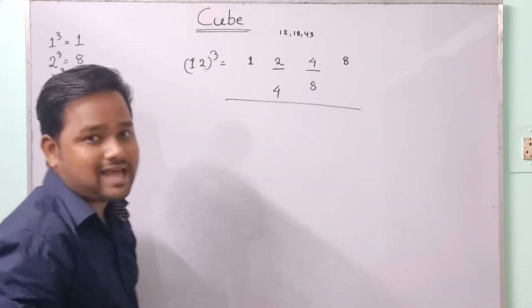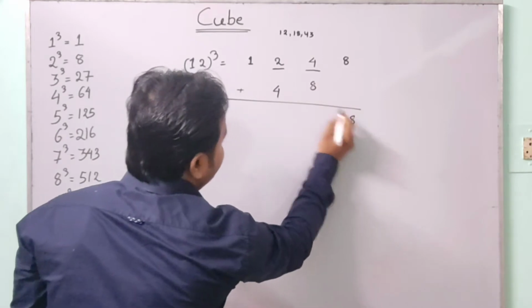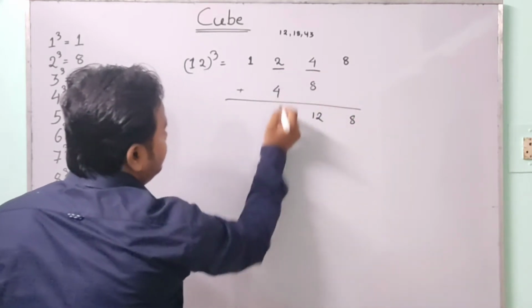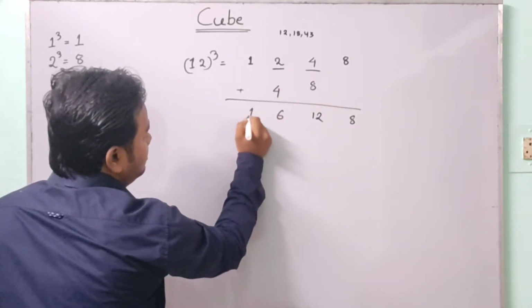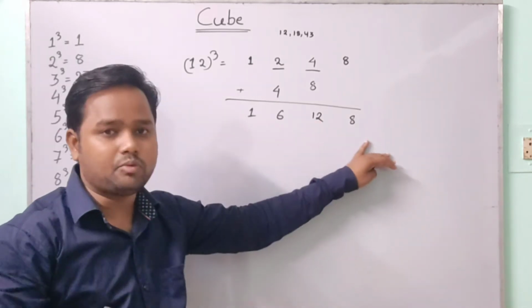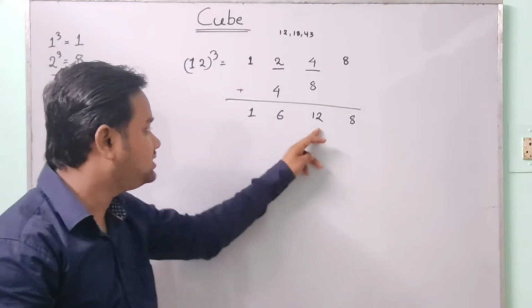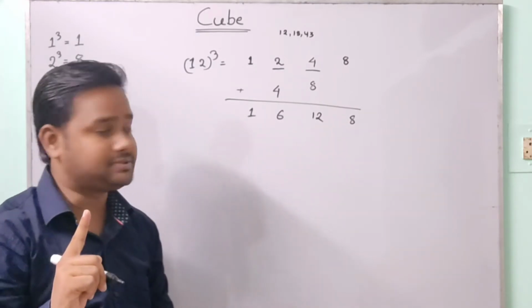After writing all these, I will add them. Simply, I will add these. Here it is 8, here it is 12, here it is 6, and here it is 1. Now, excluding the first one, all the other places consist of only one digit.